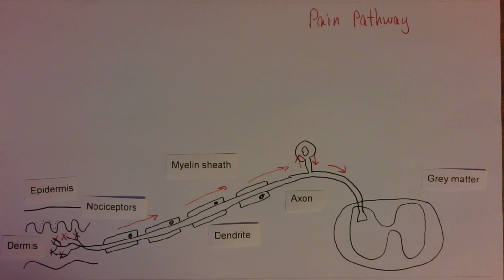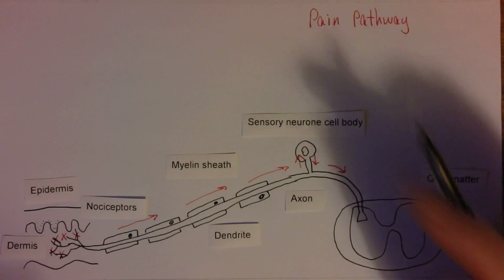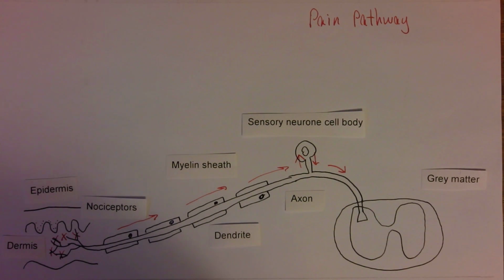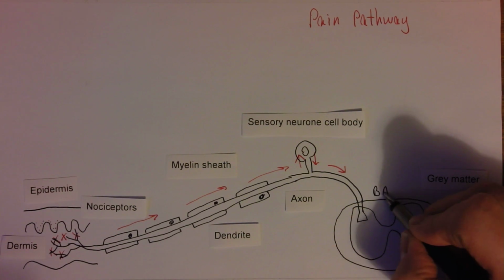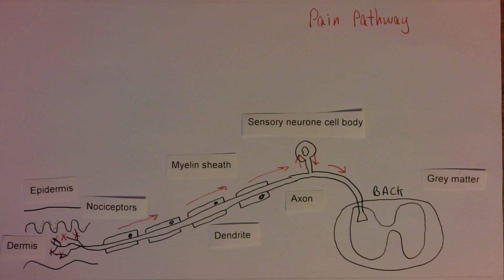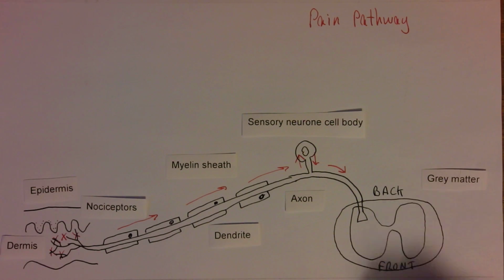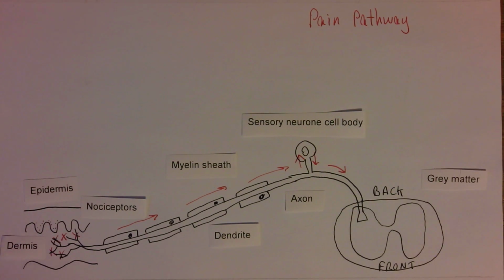The bit round about the outside, that's the white matter. This is the sensory neuron cell body, just there. Then the axon is going into the grey matter of the spinal cord. Now, the sensory impulses always go in the back. It's always a rear entry. This is the front down here. So always a posterior entry into the spinal cord.